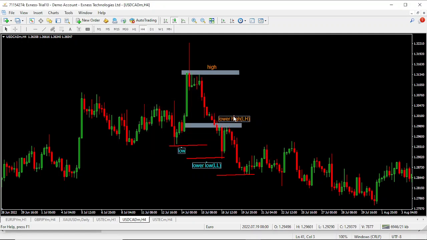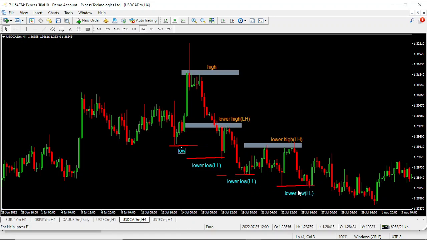If we have a look at the market, you'll see it keeps on doing the same thing. The reason for that is because it's trending downwards. When it's in a downwards trend or a bearish trend, then you're gonna be making lower highs and lower lows.